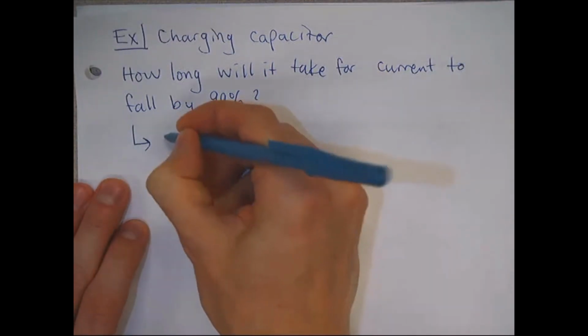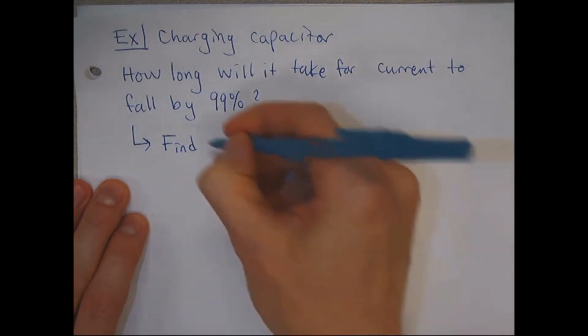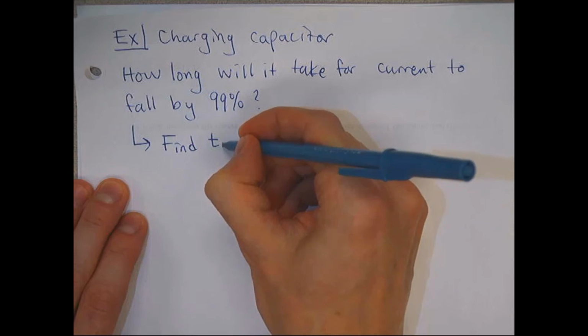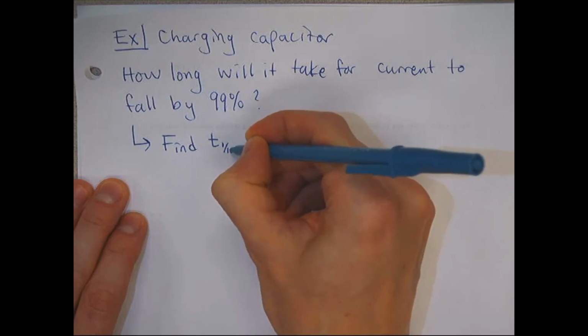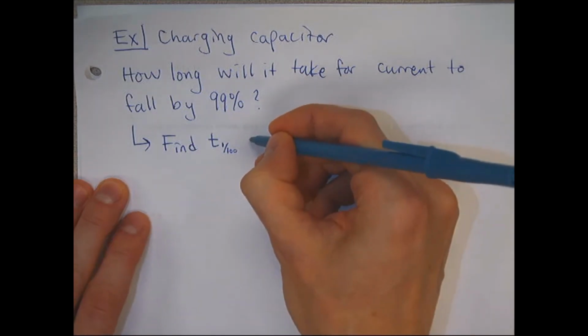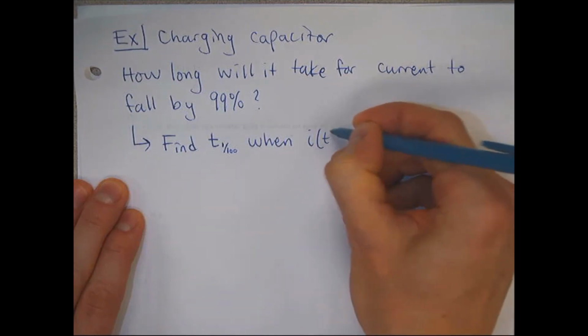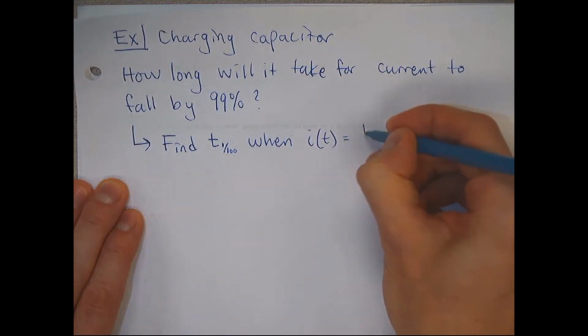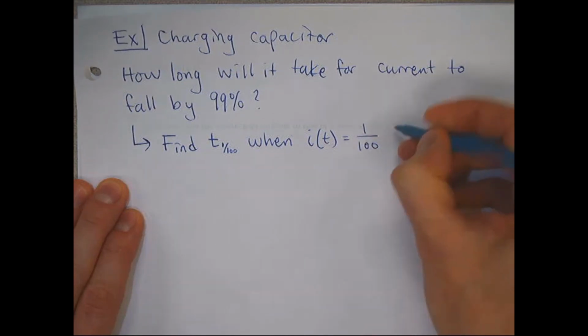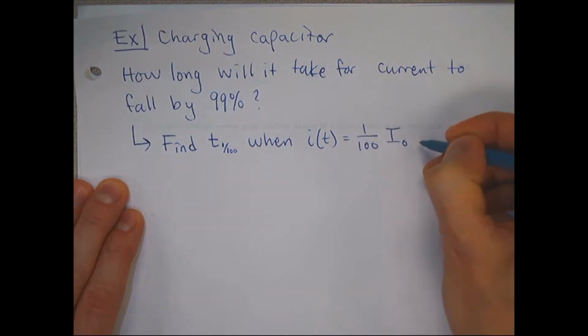Or stated another way, find the time, say with a subscript of 1 over 100, when the current at that time is 1% of its initial value.